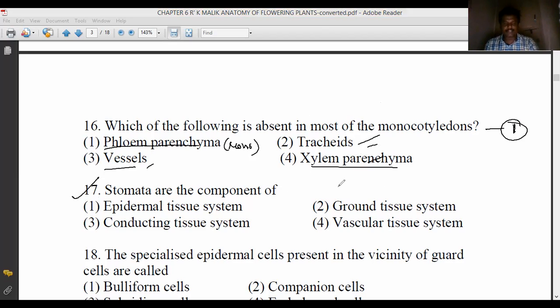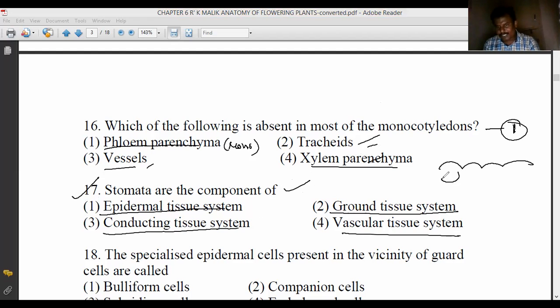Next question, 17th question. Stomata are the components of epidermal tissue system, ground tissue system, conducting tissue system, or vascular tissue system. Here, this is called epidermis. This epidermal tissue consists of stomata, so the epidermal tissue system is the correct option.